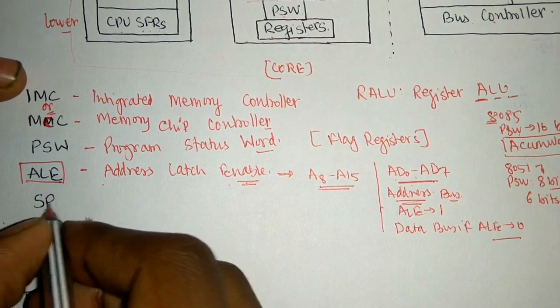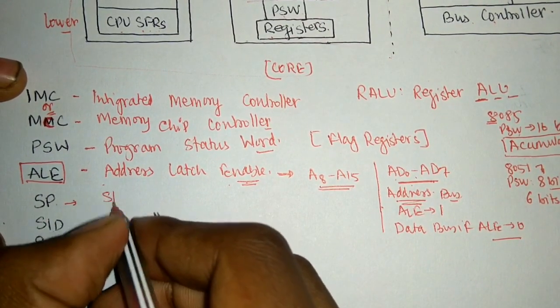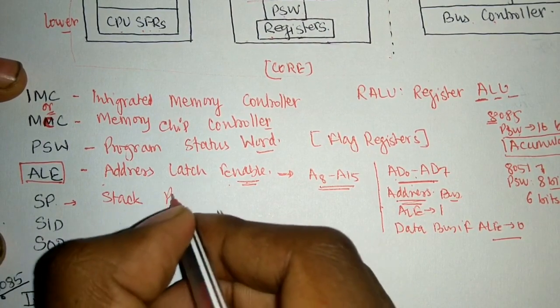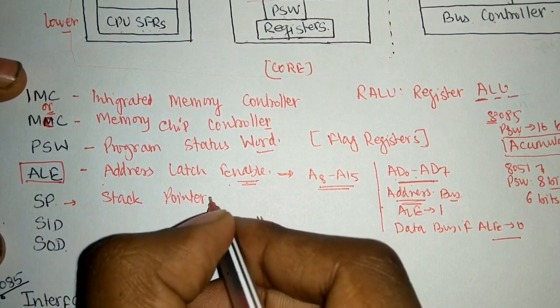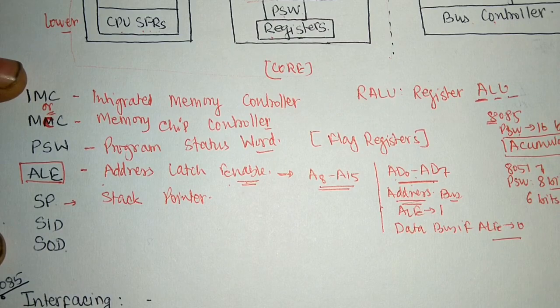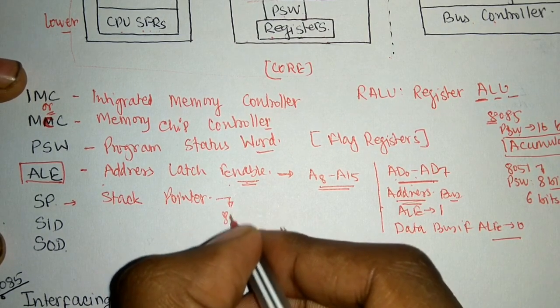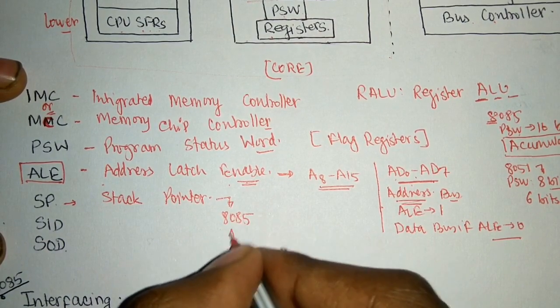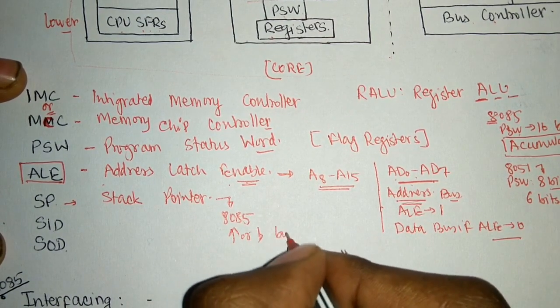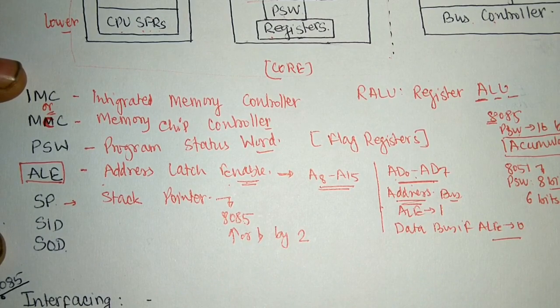Then we have our SP, that is our stack pointer basically. We have already discussed how a stack pointer works in case of an 8085 microprocessor. So in 8085, the stack pointer will be incremented or decremented by 2.